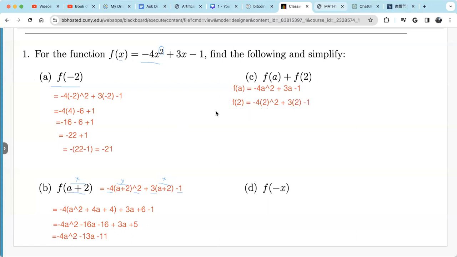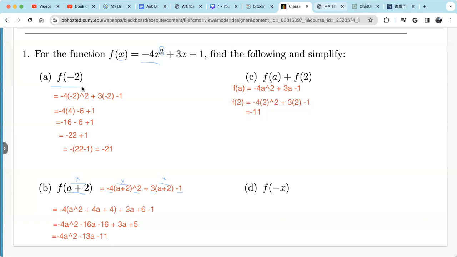Then we just calculate. 2 squared is 4, negative 4 times 4 is negative 16. Then plus 3 times 2 is 6, then minus 1. Well, 6 minus 1 is 5. Negative 16 plus 5 is negative 11.